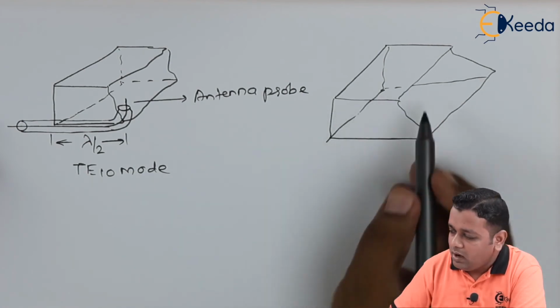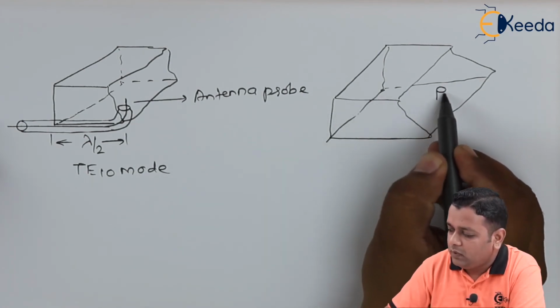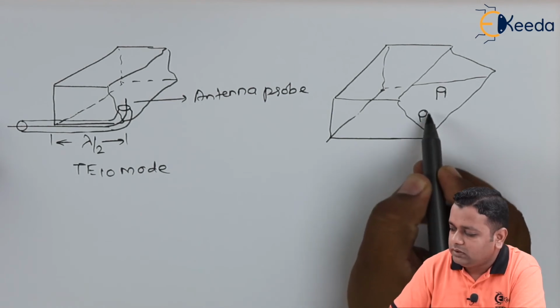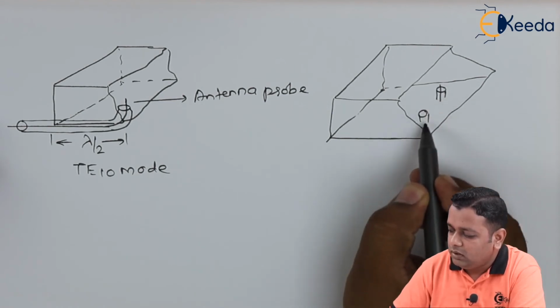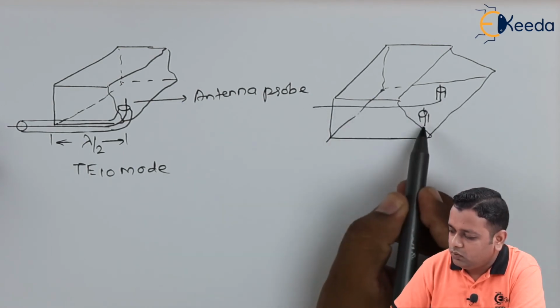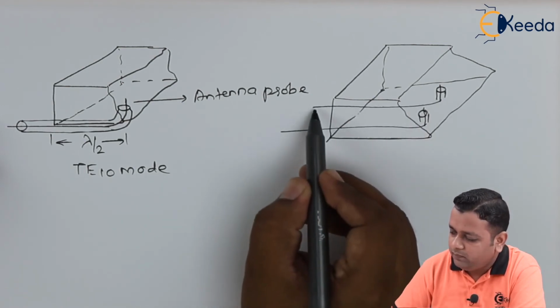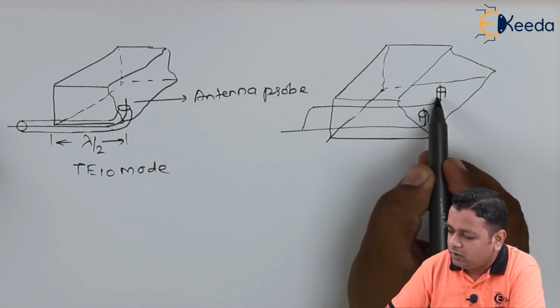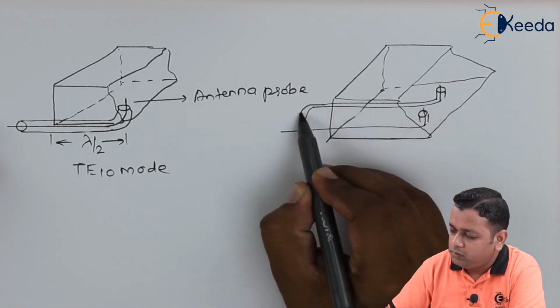At the bottom we have two openings separated by a certain distance, and these two are provided externally and combine further like this.